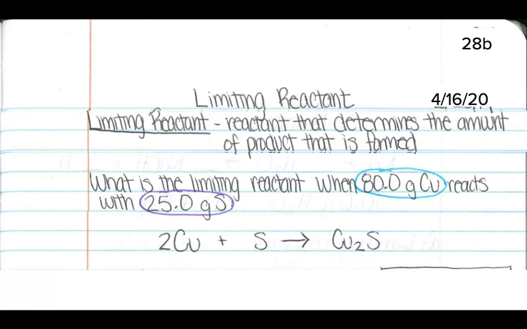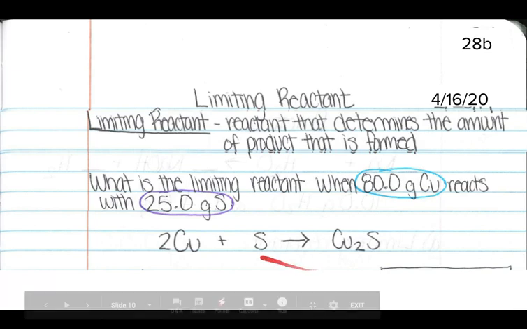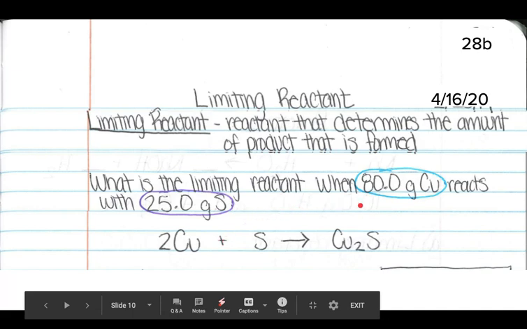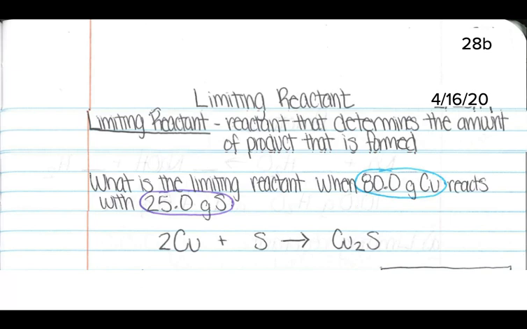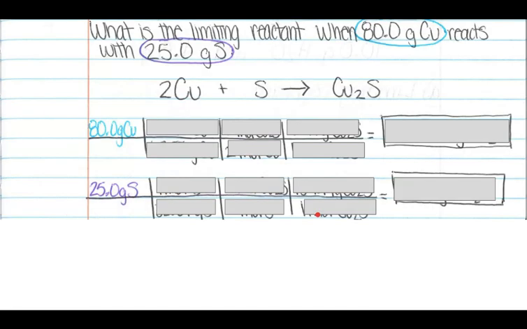We were limited by whatever ran out first. That's what we're looking at here as well. We're going to figure out which one makes the smallest amount of product, because that's the one that's going to run out first. So let's take a look at what we would do mathematically to figure that out.